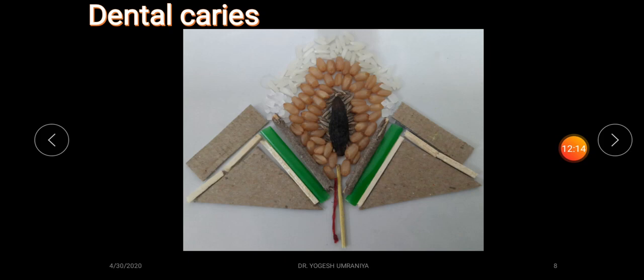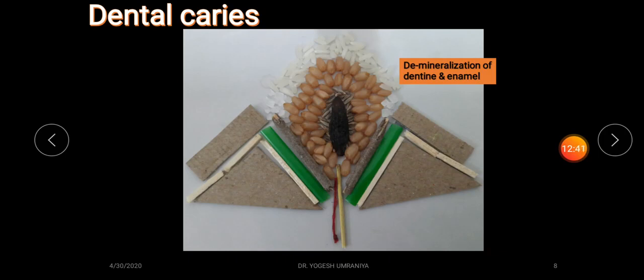Next, that is dental caries, okay, which refers to damage to the enamel as well as the dentine layer. So there is a demineralization of the dentine as well as the enamel layer, done by acid-producing bacteria with the help of glucose, and these bacteria are present in the oral cavity.